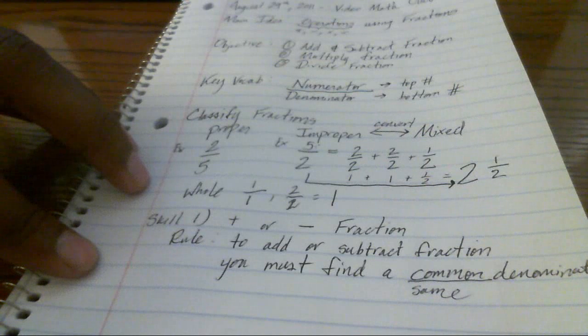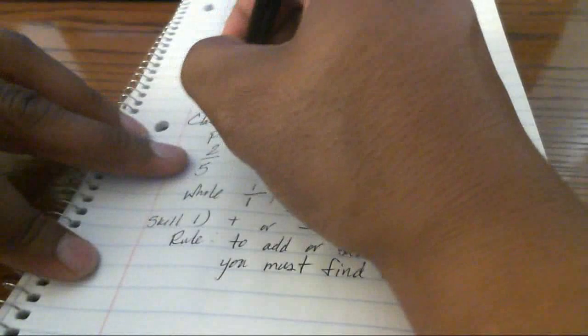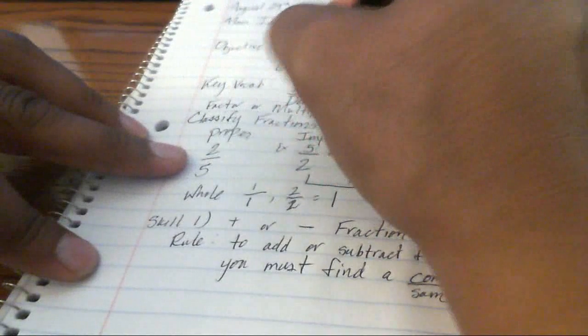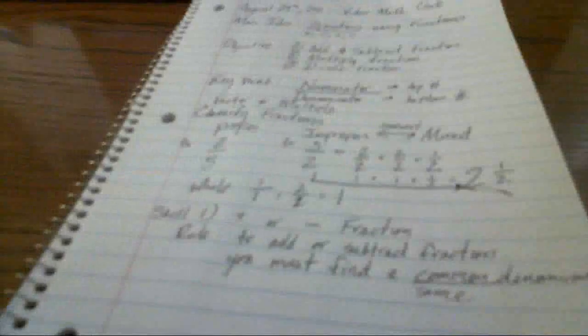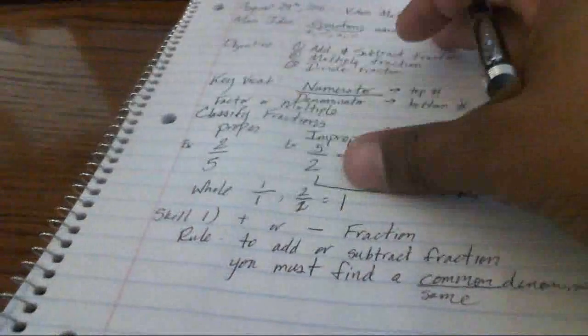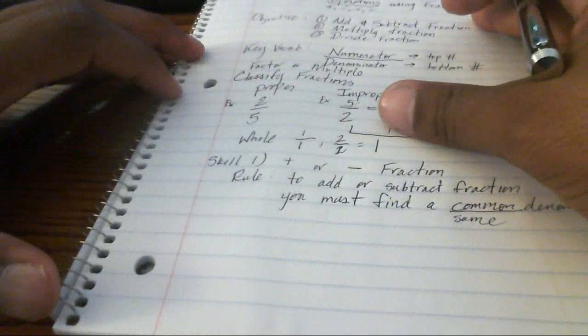Now, the common denominator is often found using factors or multiples. So let's talk about these prerequisite skills. In factoring, I always think of factoring as a way to break a number down.